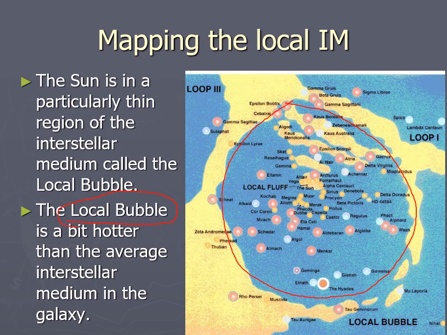Okay, local bubble. Now, it turns out that very close to the sun is a region that is a little bit thicker than the rest of the local bubble, and that is called, yes, the local fluff. Okay.